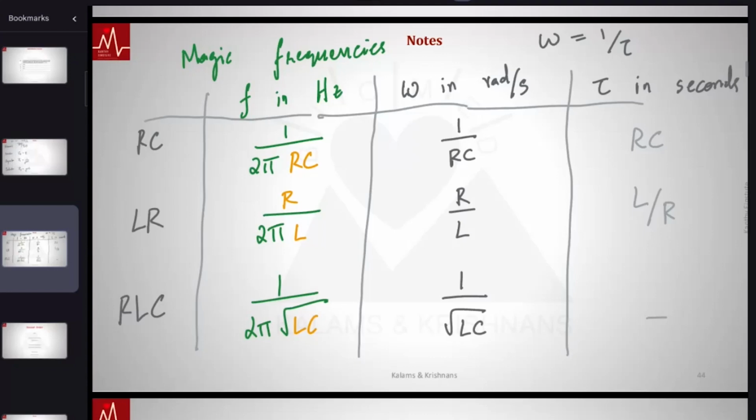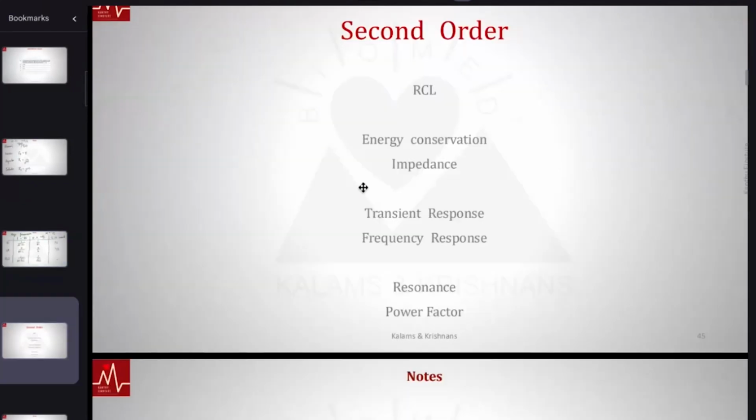It turns out many a times this magic frequency, this lower corner frequency, upper corner frequency, actually does work in many of those problems, not just in RC and LR electrical circuits. So they are asking for your frequency. The best guess would be this, just in case you don't know. If you know, you can solve it. I'm not stopping you, but just in case you don't know, try this.